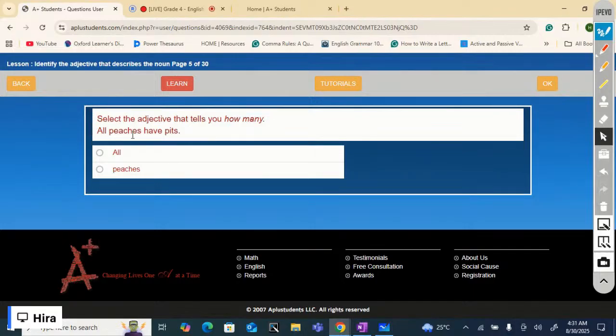All peaches have pits. Now, select the adjective that tells you how many.